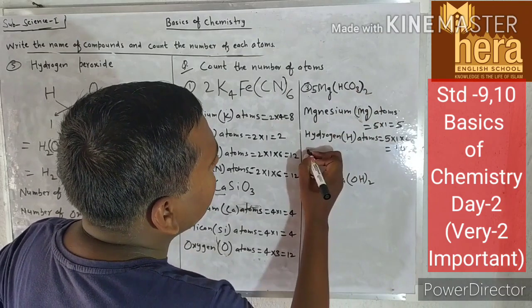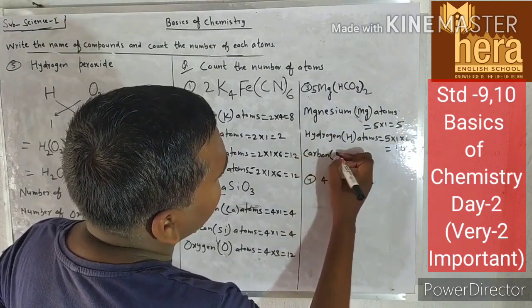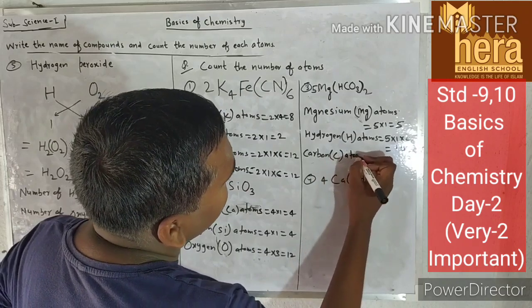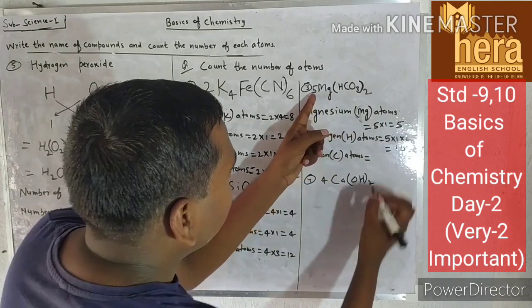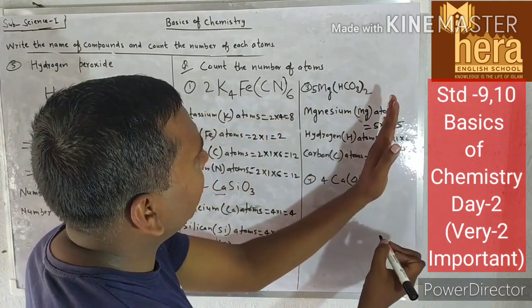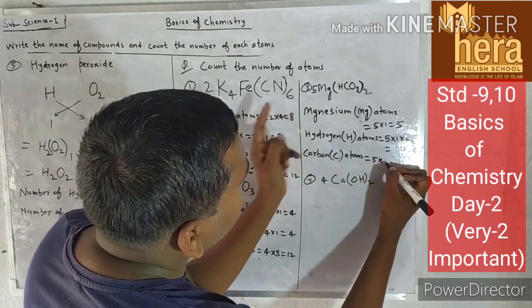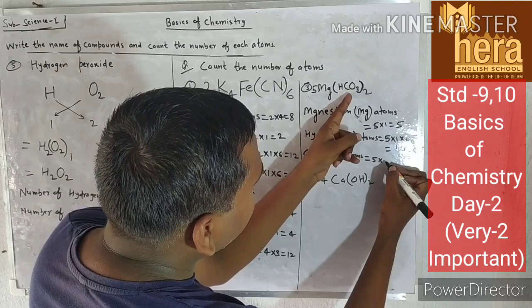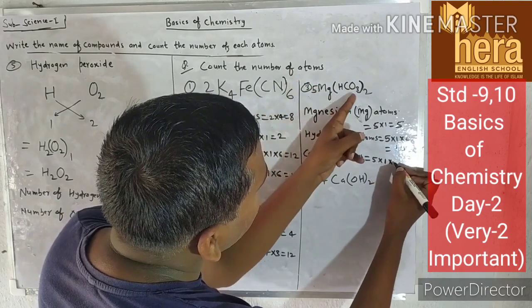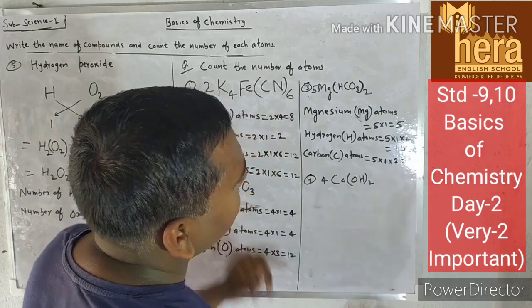Similarly carbon, symbol C, atoms is equal to, here is 5, this 5 will be multiplied through what? 5 into, here is C, 1, nothing, it means 1 into, here is bracket, out of the bracket there is 2, again 10.